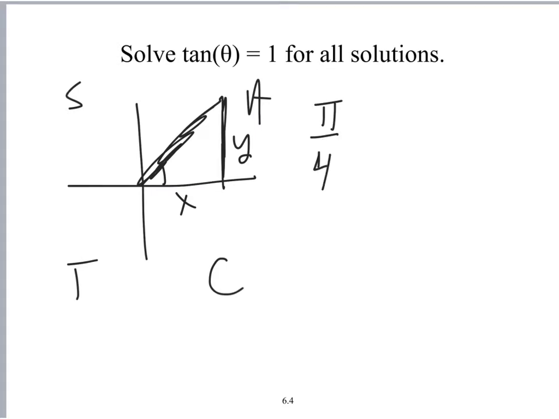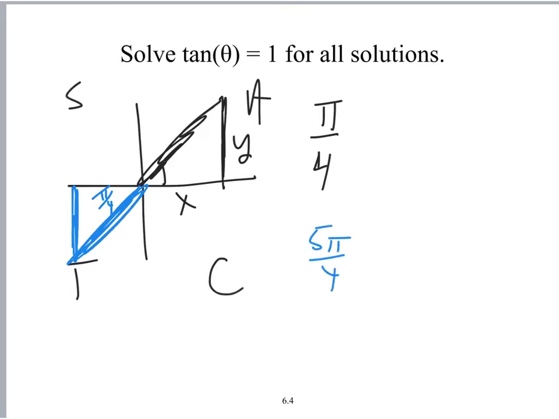And again, we could say go all the way around, add 2 pi k. But with tangent and cotangent, it's a little different because we also see that tangent is positive down here in quadrant 3. And that'll be the same kind of deal where it's pi over 4. So we know the reference angle is pi over 4. So what is that going to be? 5 pi over 4.